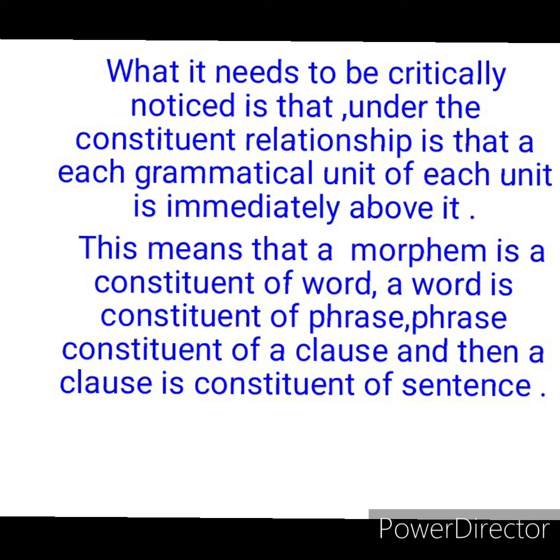We said this means that a morpheme is a constituent of a word, then a word is also a constituent of a phrase, then a phrase is also a constituent of a clause, then a clause is a constituent of a sentence.